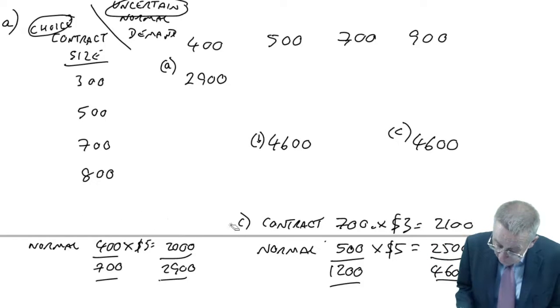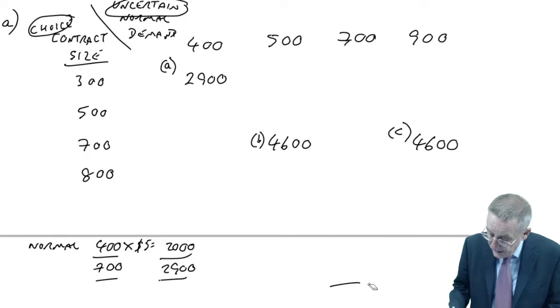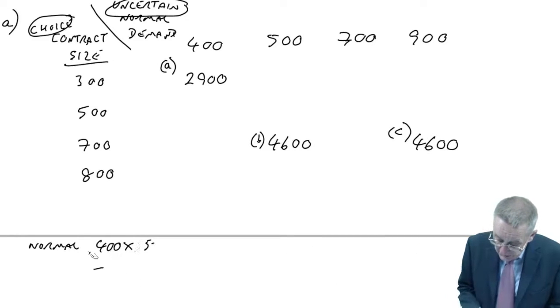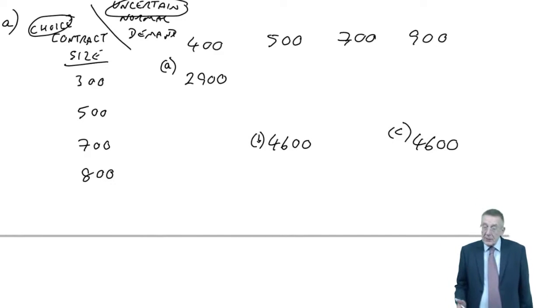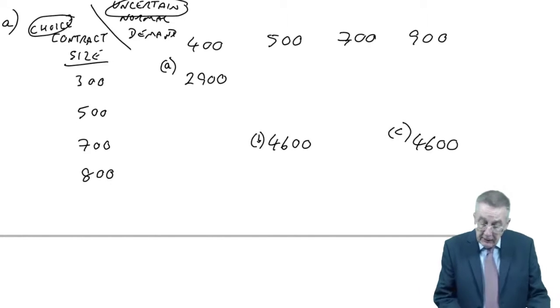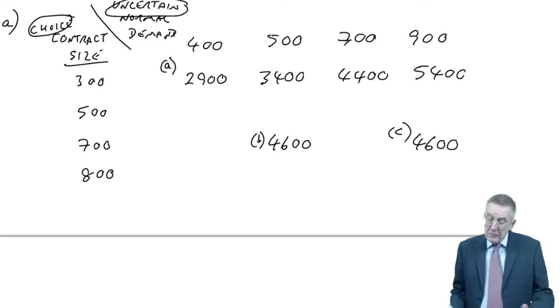Anyway, I assume that all of you watching this did pause and have now resumed. And so let's see if I can fill in the others without wasting too much time. On the 300 row, an extra 100, 3,400, 4,400, 5,400.